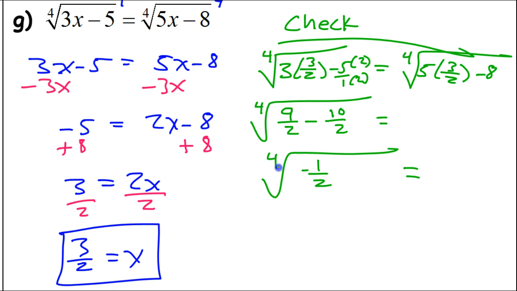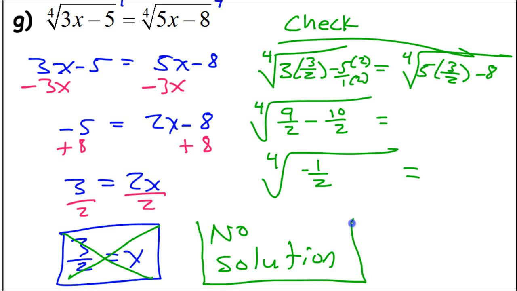So you can't take an even root of a negative number. So this is extraneous, and that was our only solution. Excuse me. So the answer to this one is going to be no solution. So hopefully you can see how important it is to check your answers.